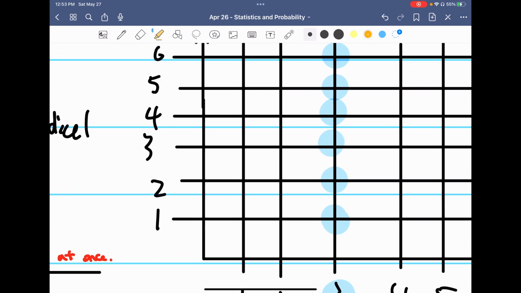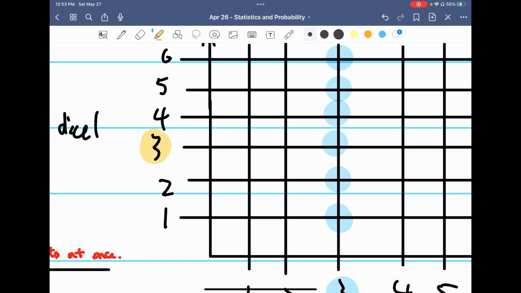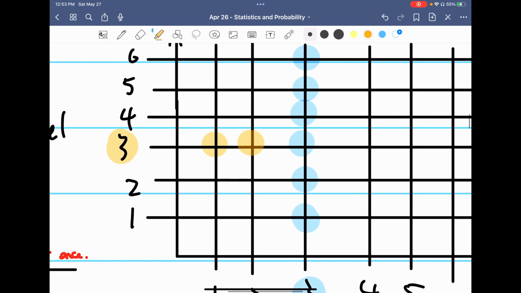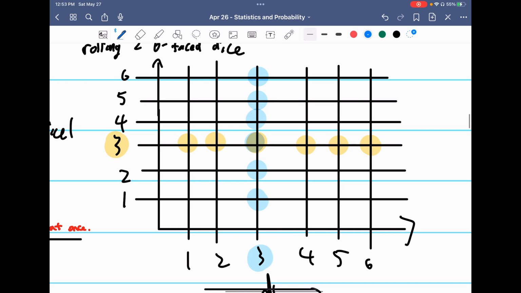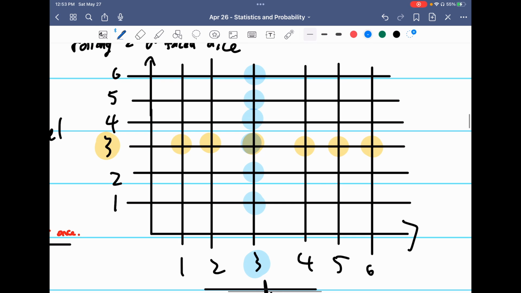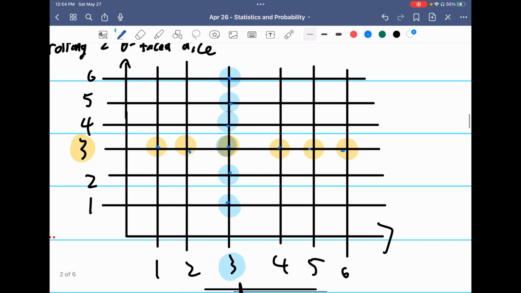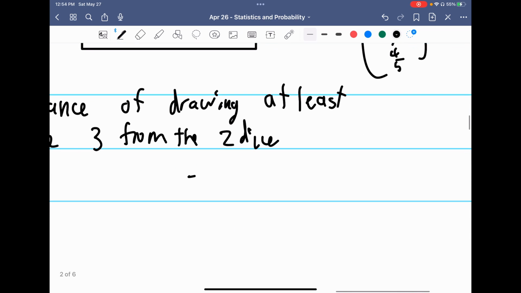And because we have another dice, we look into the 3 in here, and that would give us 1, 2, 3, 4, 5, 6. But since there's 1 overlapping, if we count the number of outcomes, that'd be 1, 2, 3, 4, 5, 6, 7, 8, 9, 10, 11. So the chance would be 11.